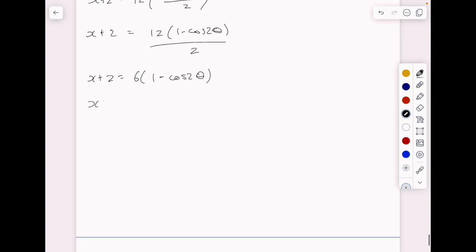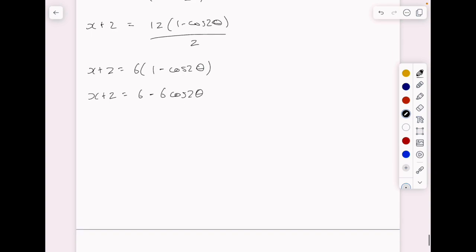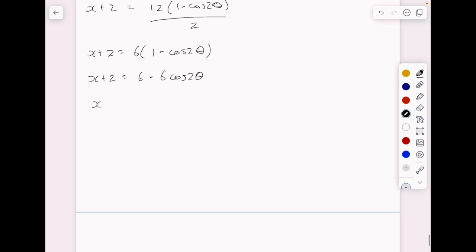Okay, so therefore x plus 2 is equal to 6 minus 6 cos 2 theta. Therefore, x is equal to 4 minus 6 cos.